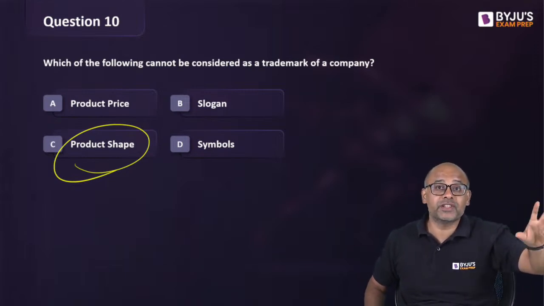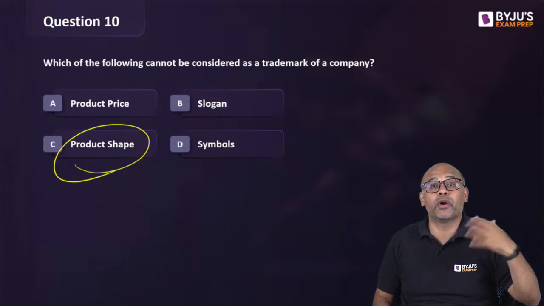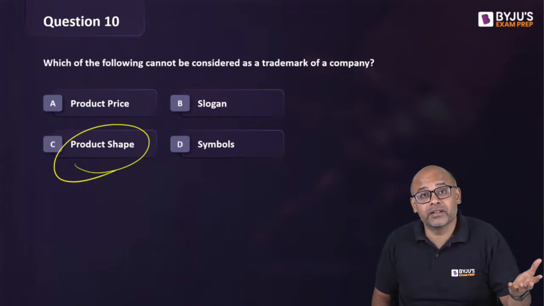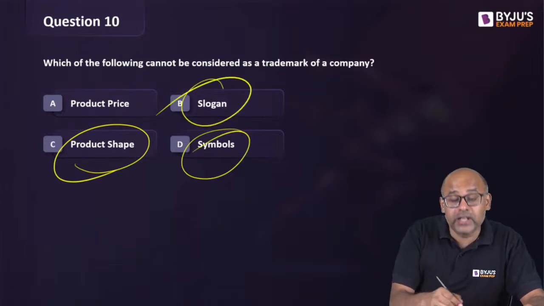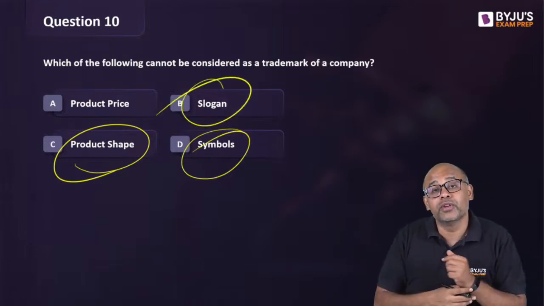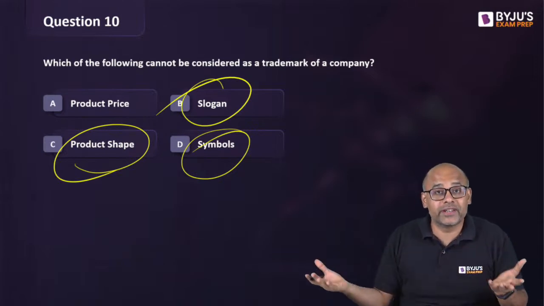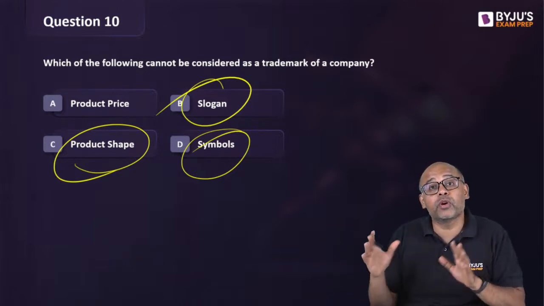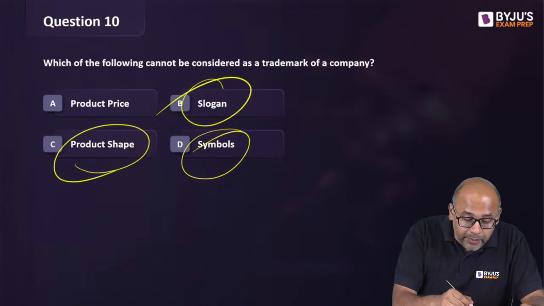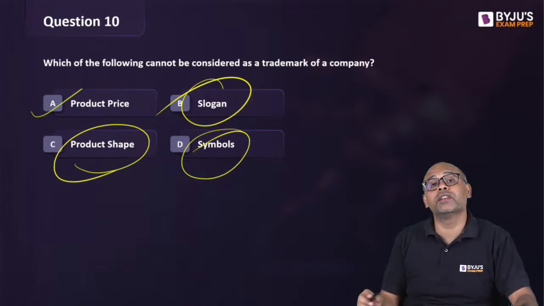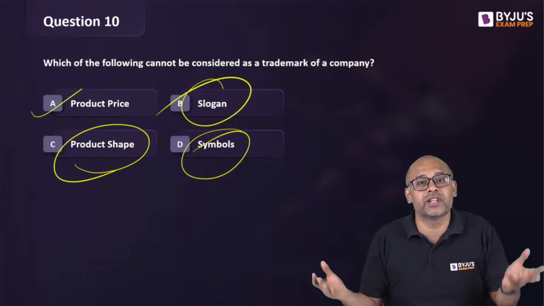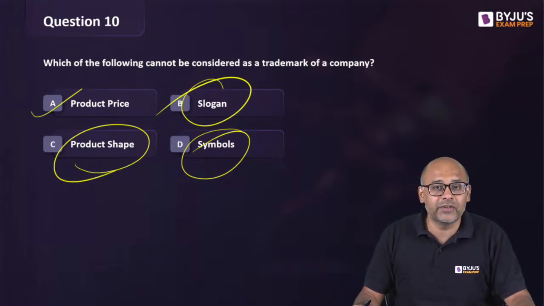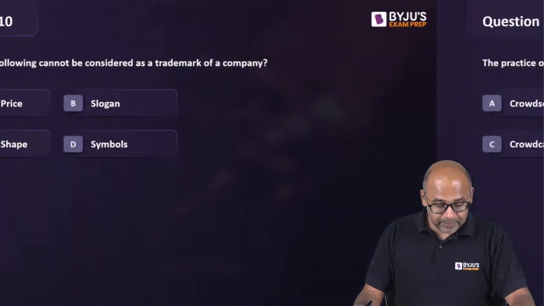And the moment you see the shape, you should think about my product. It is a trademark. Symbols like logos or slogans, as I said in the morning, your Just Do It, Nike. All these can be called trademarks. However, product price cannot be called a trademark. You can't say that only my product should be selling at 50 rupees and nobody else should sell at 50. That cannot be possible. That's a straightforward answer, right?